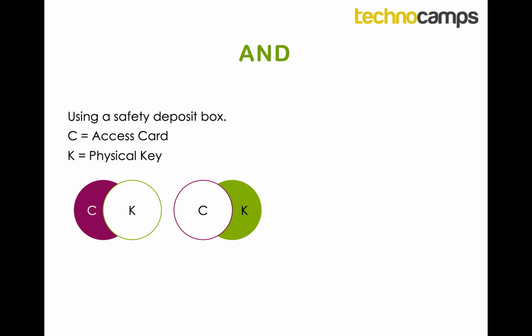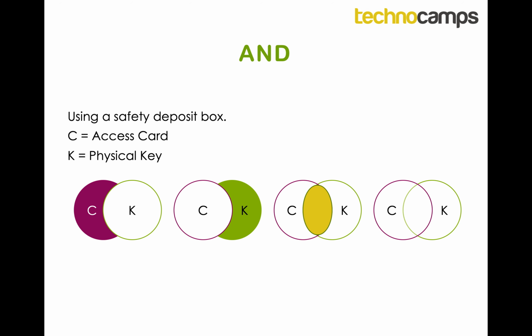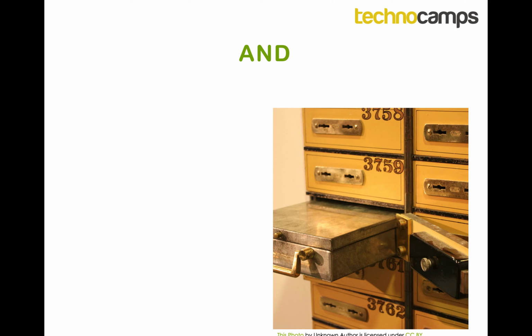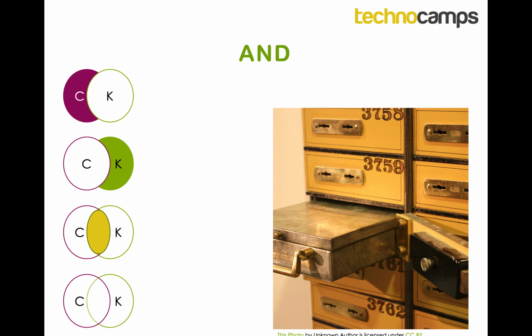What will it do for me? Will it do me any good? Then I have both the card and the key, and then I have neither. So just look at the third one here. We are not combining both together, right? I need someone who's got both. For something like this, we've got these four options.